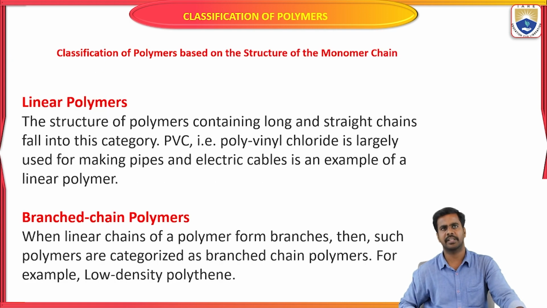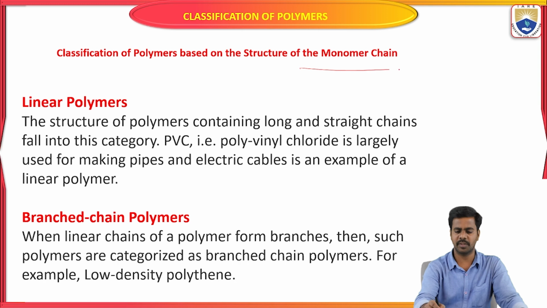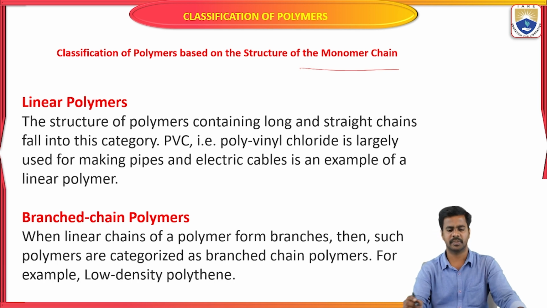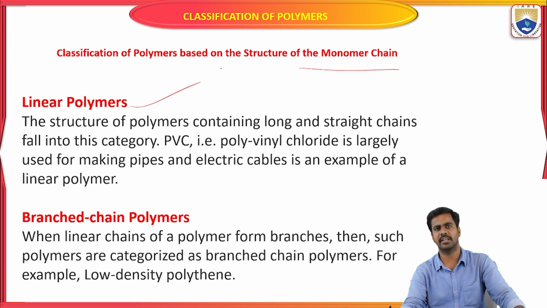The next type of classification is based on the structure of the monomers. On the basis of the structure of the monomers involved in the polymerization reaction, polymers are classified into linear polymers, branch chained polymers.